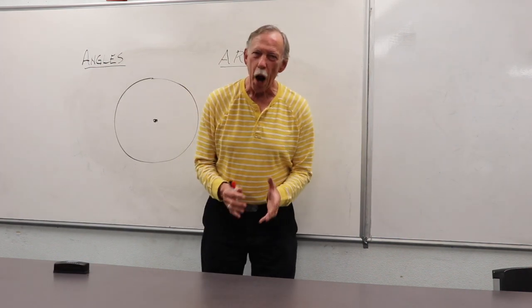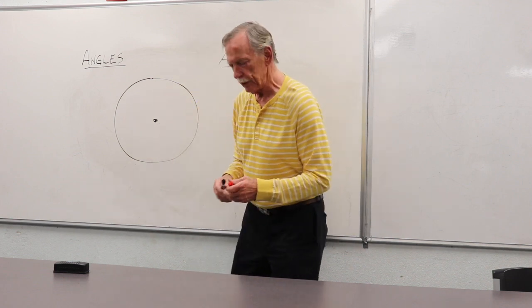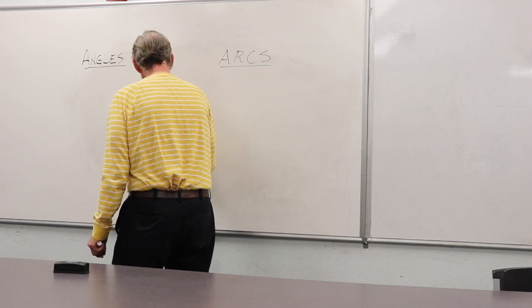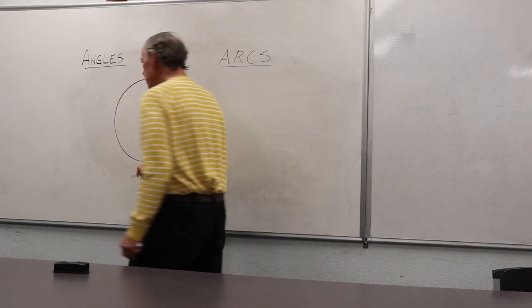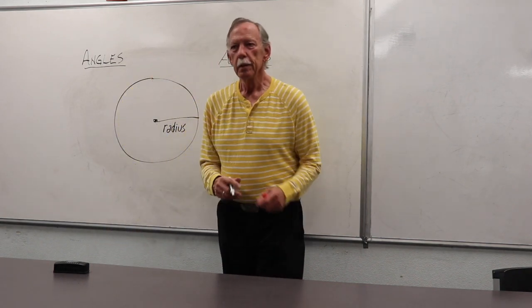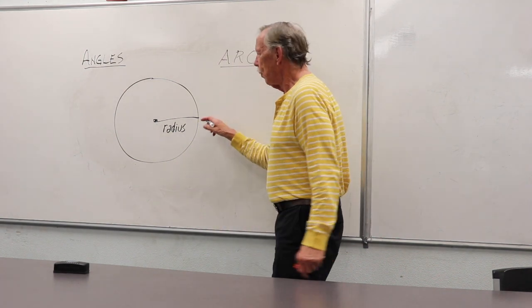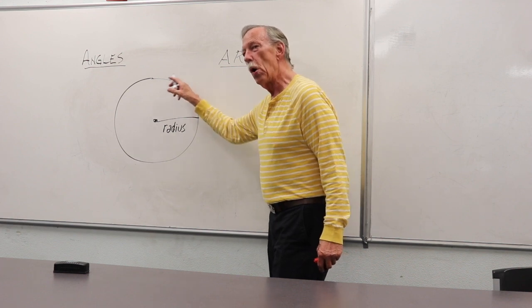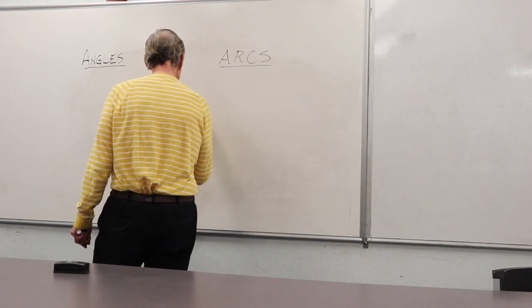We're going to begin our discussion by looking at a radius. Now here's where the discussion gets a little bit new. What we're going to do is lay radiuses along the circle, end to end.